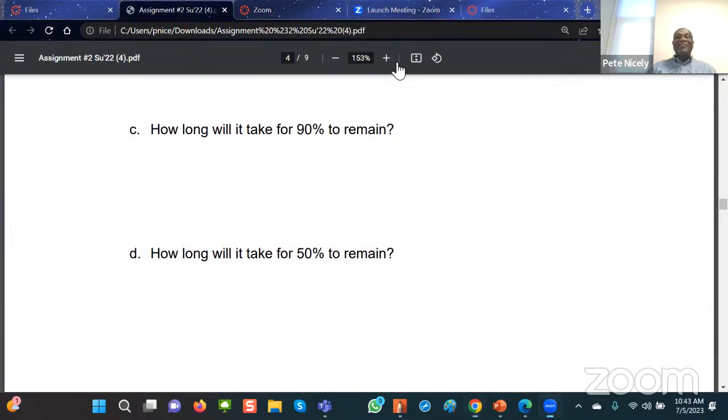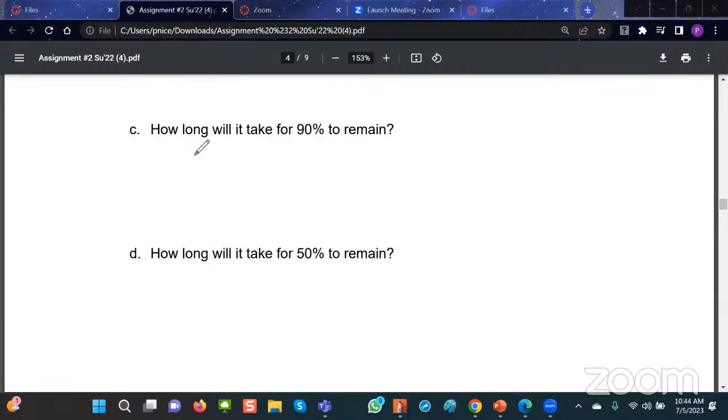So let's hear your suggestions. You do everything exactly the same, but instead of doing 100 minus 90%, you just take 90% of the 0.500 M. Exactly.